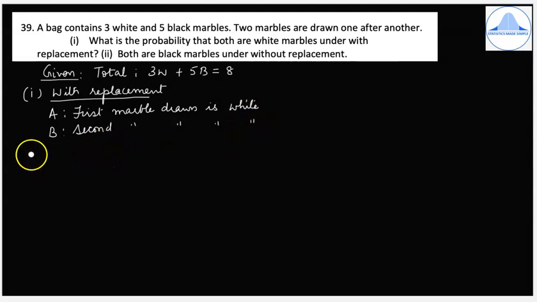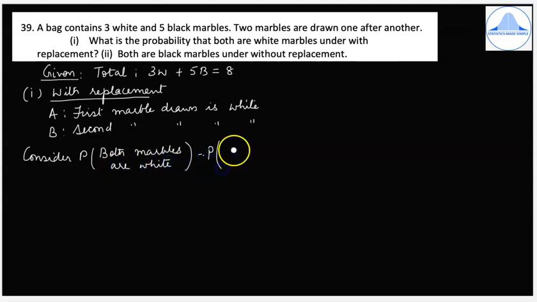So start with what is asked. Consider probability both marbles are white. So both marbles are white means it is probability first marble is white and second marble is white.